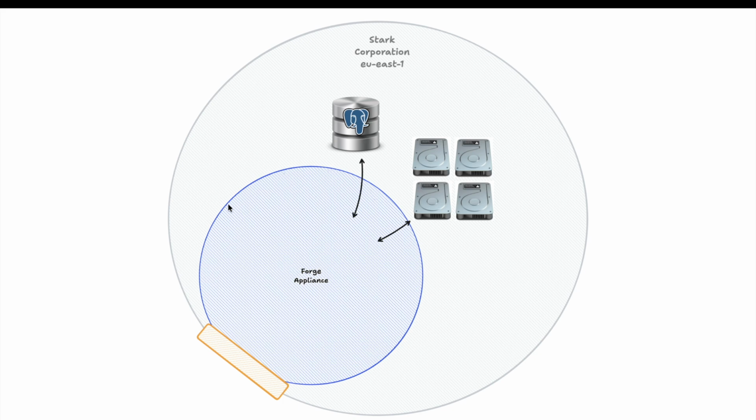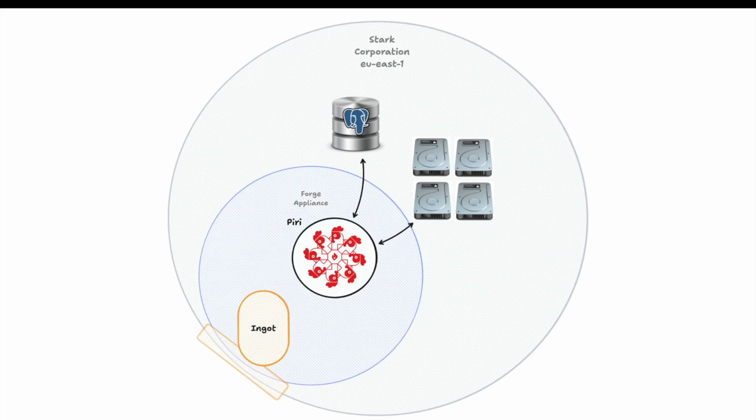And the third thing they need to provide is a machine. This could be a VM, or it can be a bare metal machine, but it needs to run the Forge Appliance software. So let's look inside the Forge Appliance. And we can see that it's actually just two co-located services. We've got a Piri node, which is a regular Piri node that runs on the Forge network.